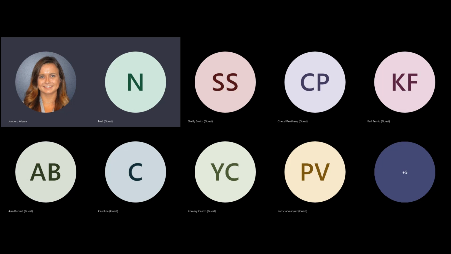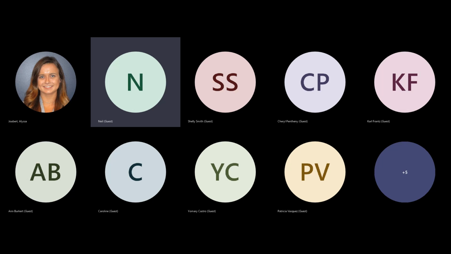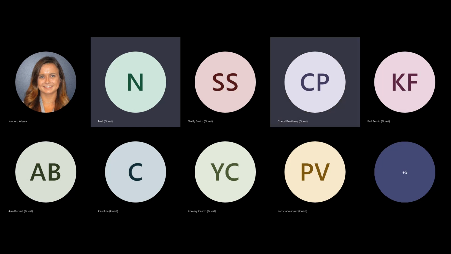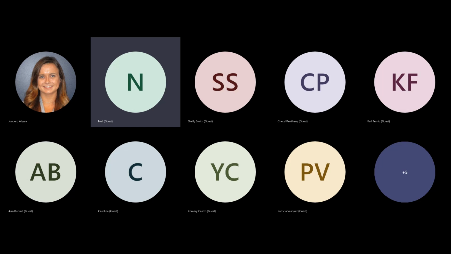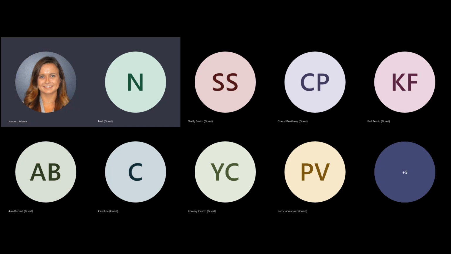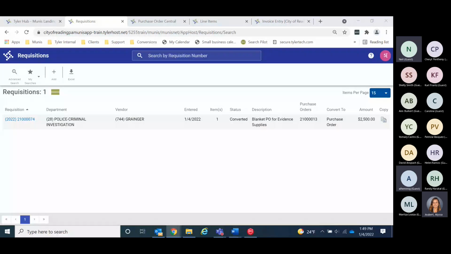Okay, and so Cheryl, your new PO number is right here, the 21, 4 zeros, and then 13. Okay, your screen's not shared anymore. Oh, I'm sorry, I forgot, it's because everyone else was sharing theirs. Can you see now? Yes.